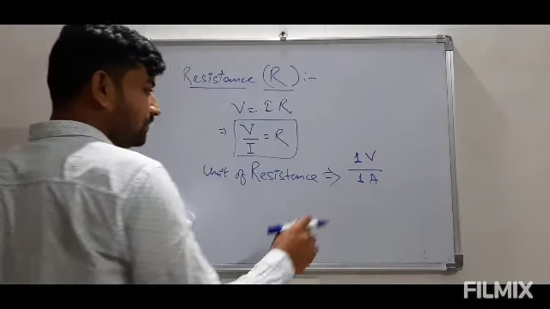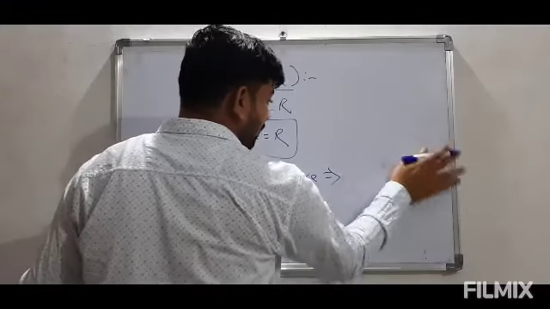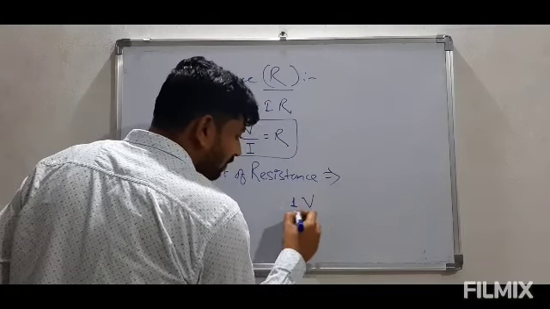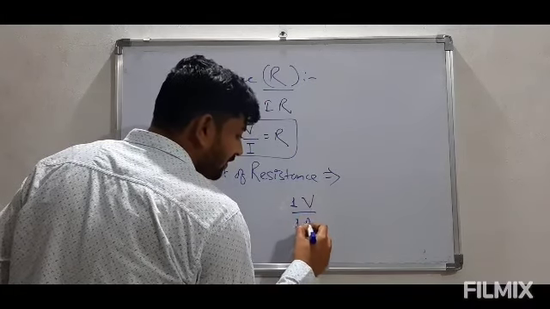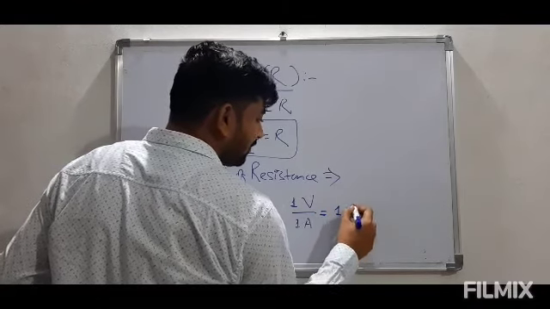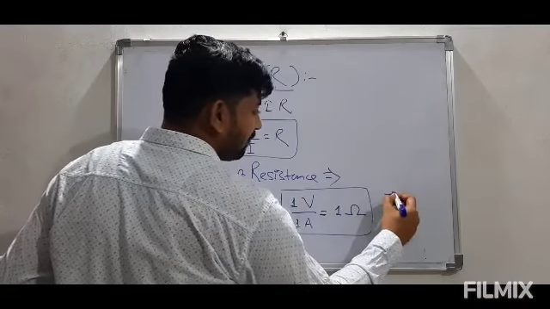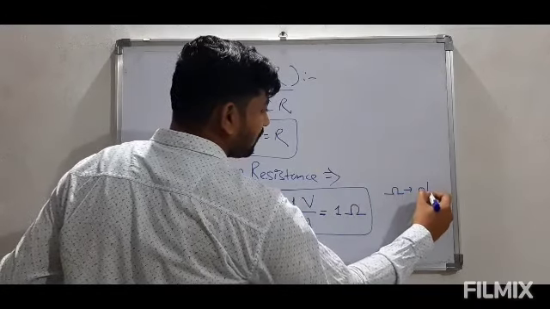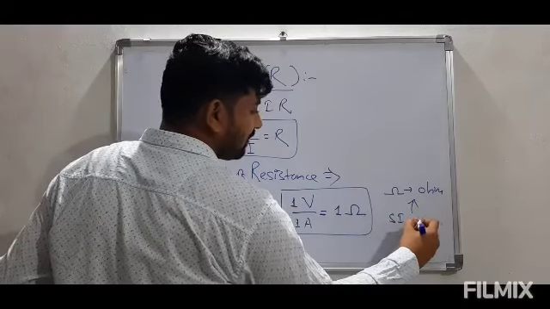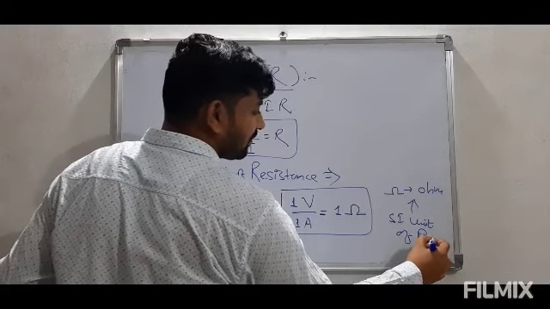So 1 volt upon 1 ampere gives a new term, which is called 1 ohm. This symbol denotes ohm, which is the SI unit of resistance.